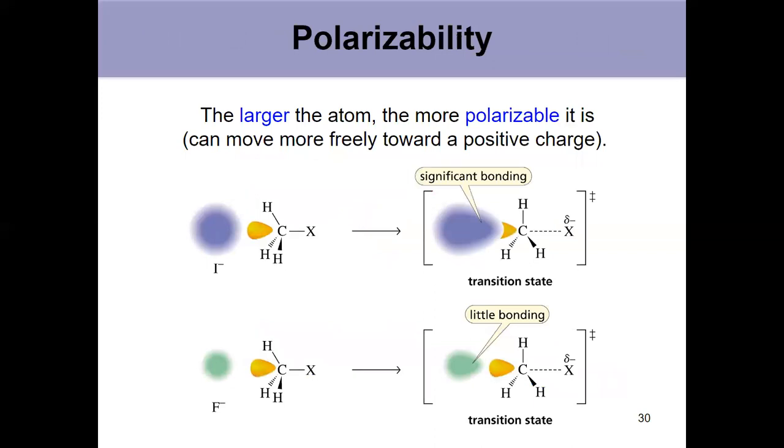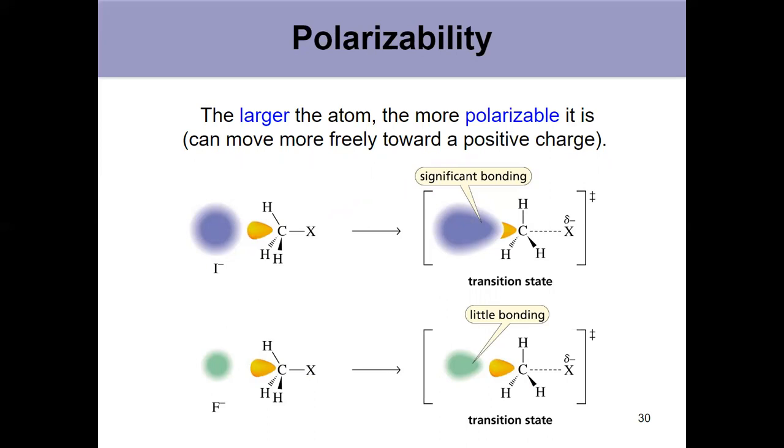Because the larger the atom, we just said that, larger atoms are weaker bases. We see it with iodide compared to bromide and chloride, for example. So larger atoms are weaker bases, which would typically mean that they are weaker nucleophiles.